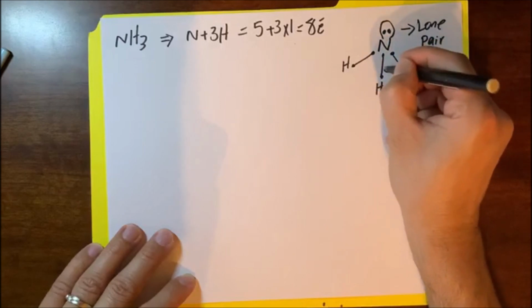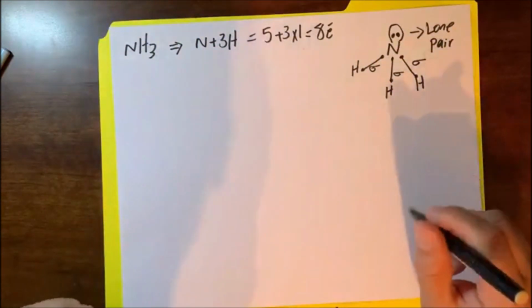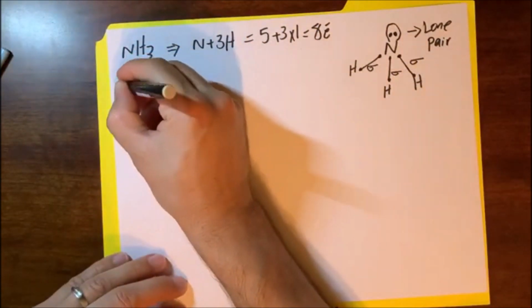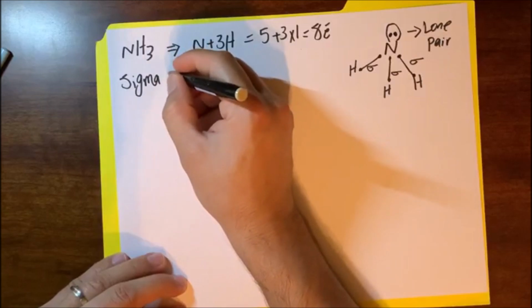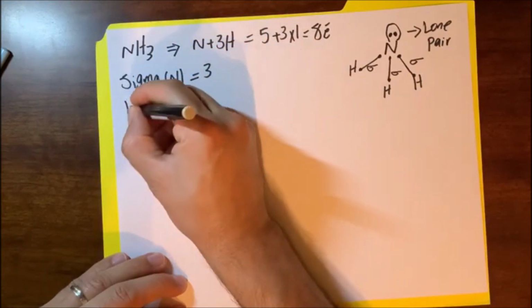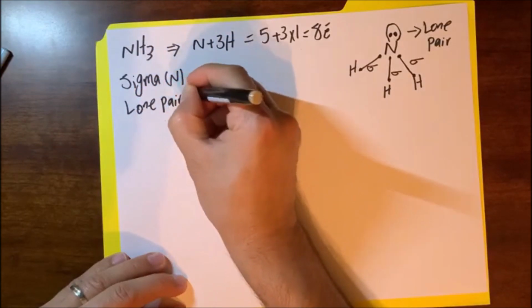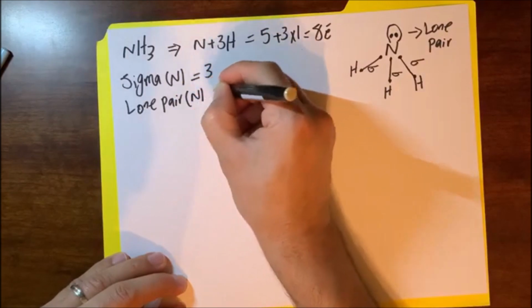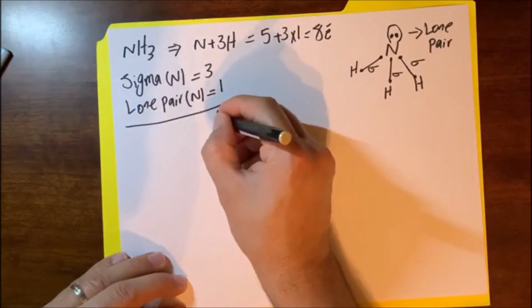We made 3 sigma bonds. So sigma plus lone pair: sigma for nitrogen is equal to 3. Lone pair, again for nitrogen we have only 1, so we got it equal to 4.